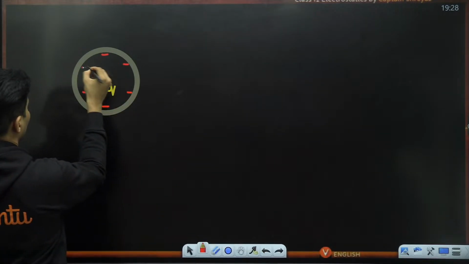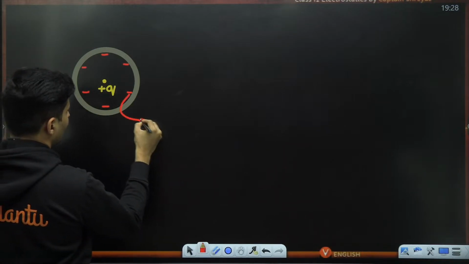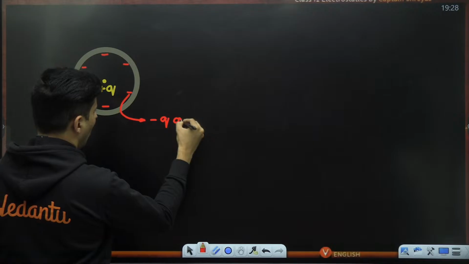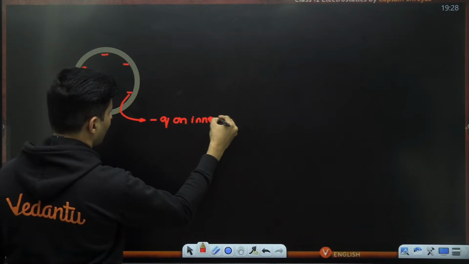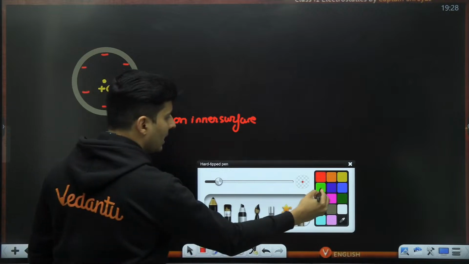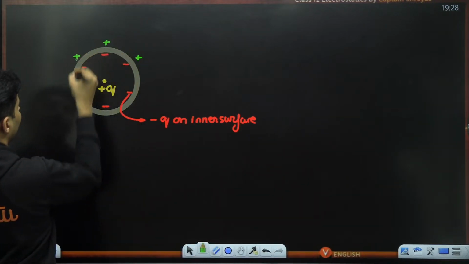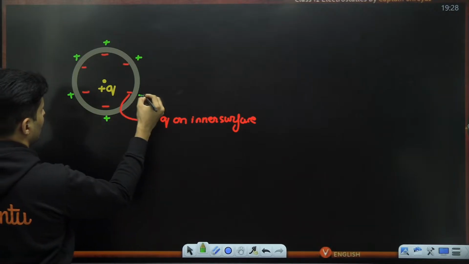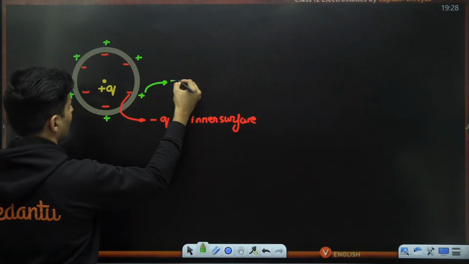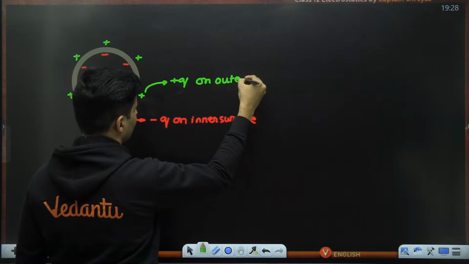This will be negative Q on the inner surface, of course, and an equal amount of charge, a plus Q, on the outer surface.